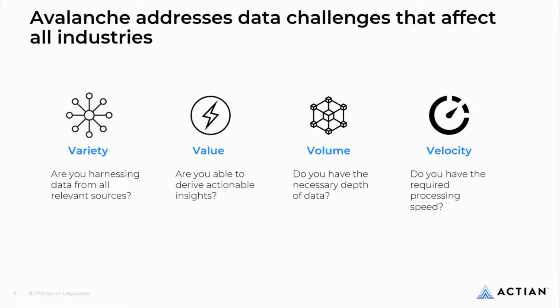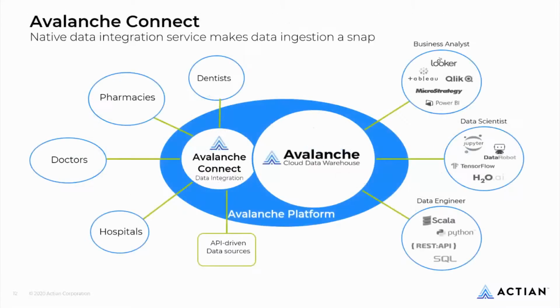You need to have a lot of data and variety of data. The more data you have, the more value you will get. The data needs to be current data, historical data, data from different departments, data in different formats. And the only way for you to make sense of your data and create a model that will give you a robust fraud detection solution is to have velocity, meaning you have a data warehouse that can crank through those data sets. And Avalanche is able to do that.